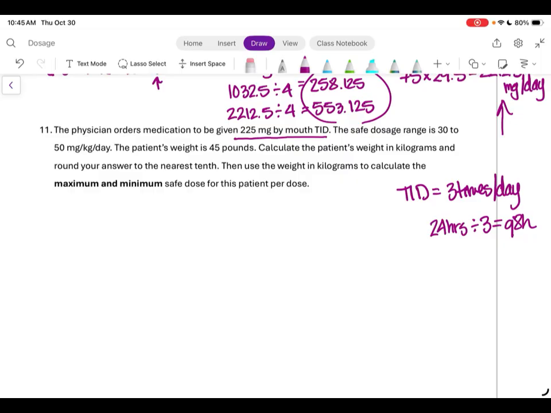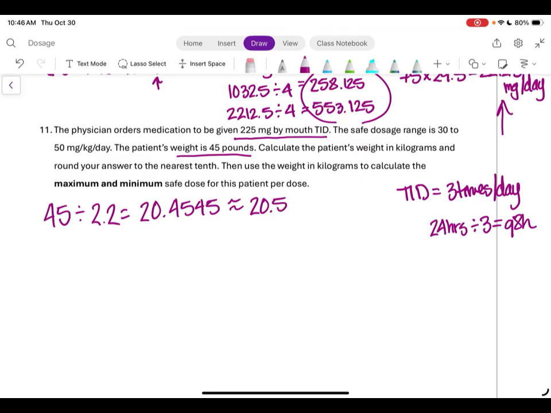Okay. All right. So as we do, we start with the weight, right? 45 divided by 2.2, right? Here's that weight. And my calculator is telling me it's 20.4545. So when I round it, it'll be 20.5.